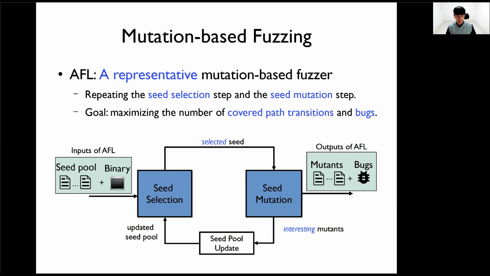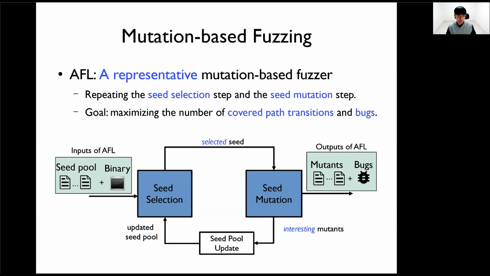And after instrumentation, AFL takes the well-structured seeds and the compiled binary as input, and then iteratively selects a seed from the seed pool and mutates the selected seed based on the predefined mutation strategy until the budget expires.